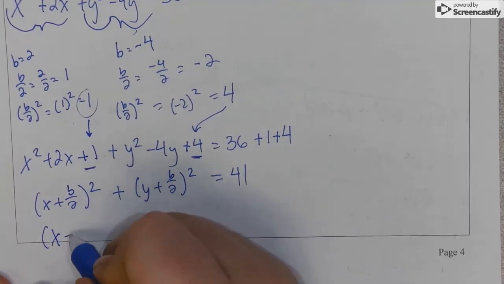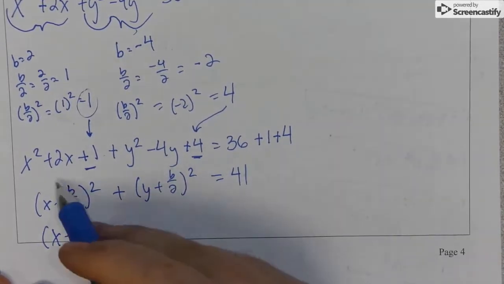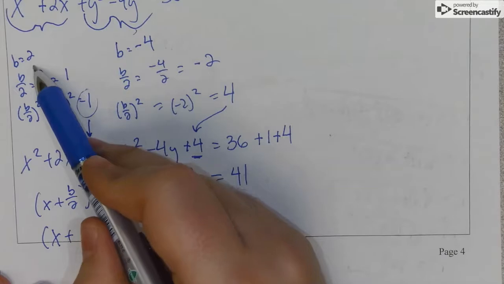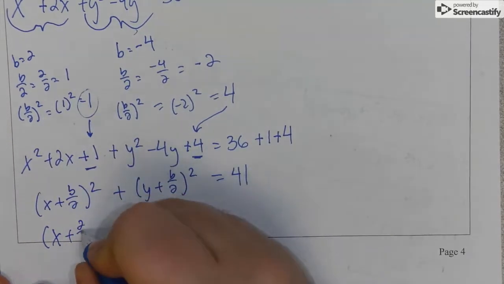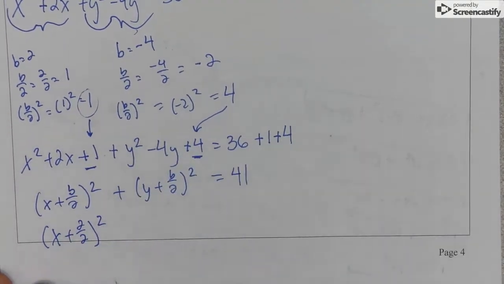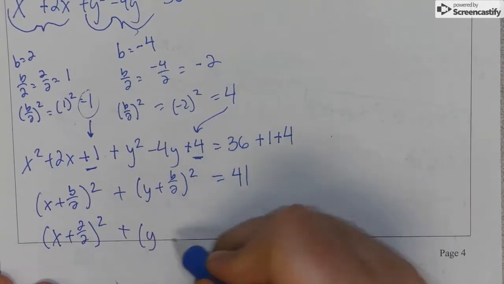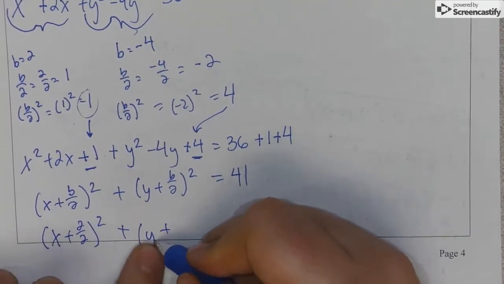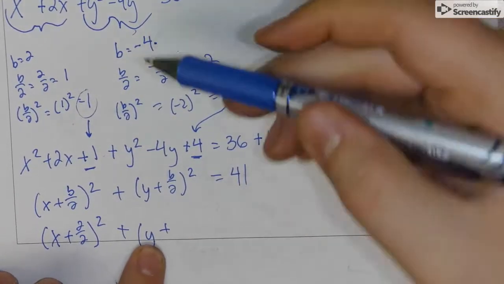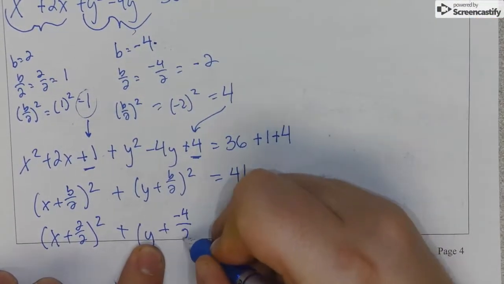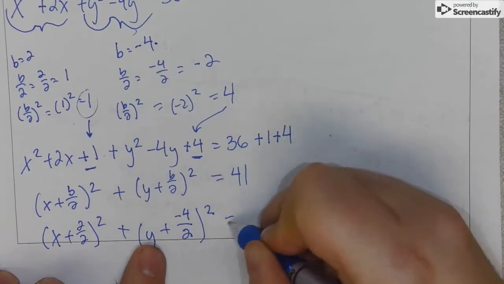So this is going to be x plus, for your x's, your b value was 2. So that will be 2 divided by 2 quantity squared, plus y plus, and then with our y's, our b value was negative 4. So I'll put plus negative 4 divided by 2, and that whole quantity gets squared.